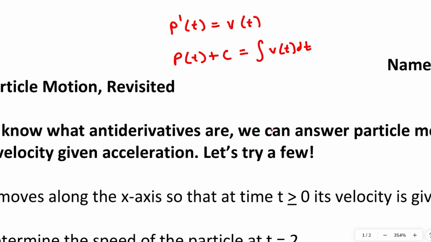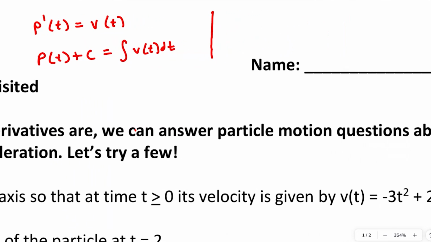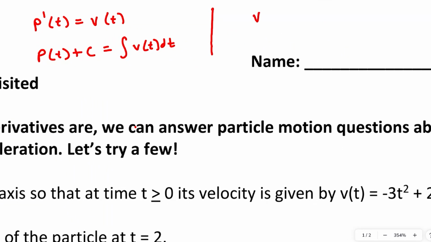Now, we can also throw in acceleration here too. Acceleration is the derivative of velocity, which also happens to be the second derivative of position. I'll just erase that to clean this up a little bit.